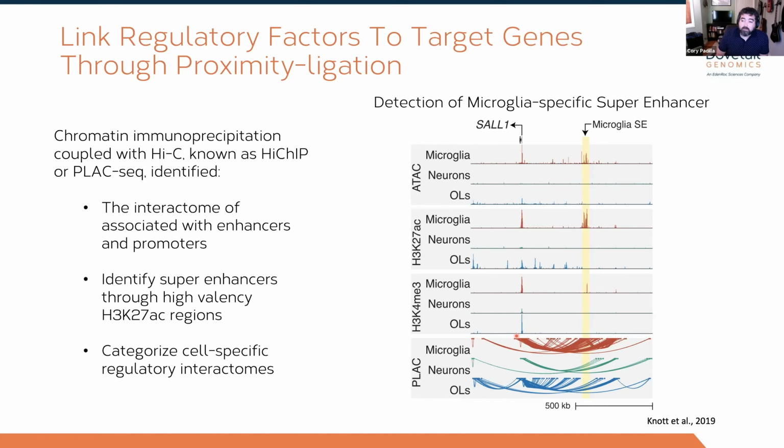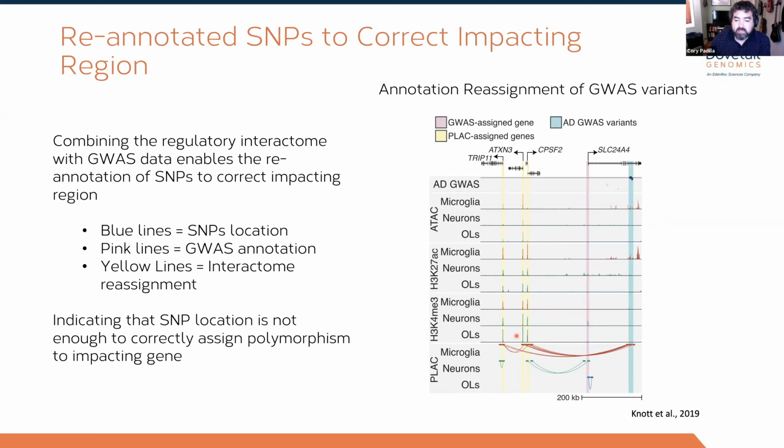So the next step is, okay, we know that there are polymorphisms that occur across the genomes in neuronal diseases. Can we use this interactome data, this Hi-C data type, to start re-annotating what SNPs are actually impacting what genes? And so what they did here is they've plotted out where these SNPs are occurring.